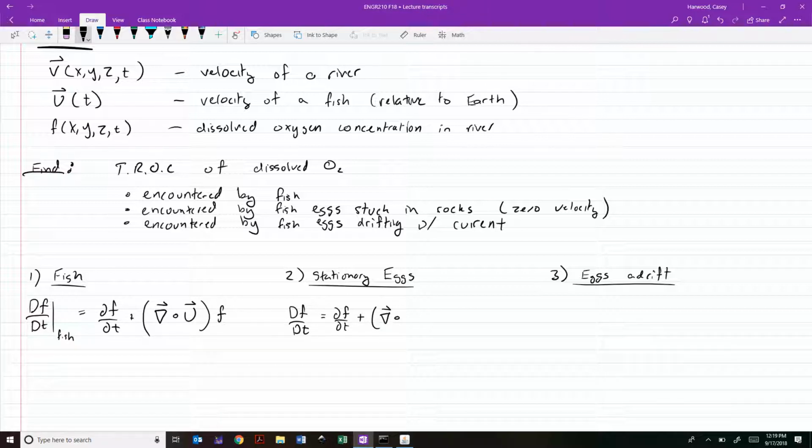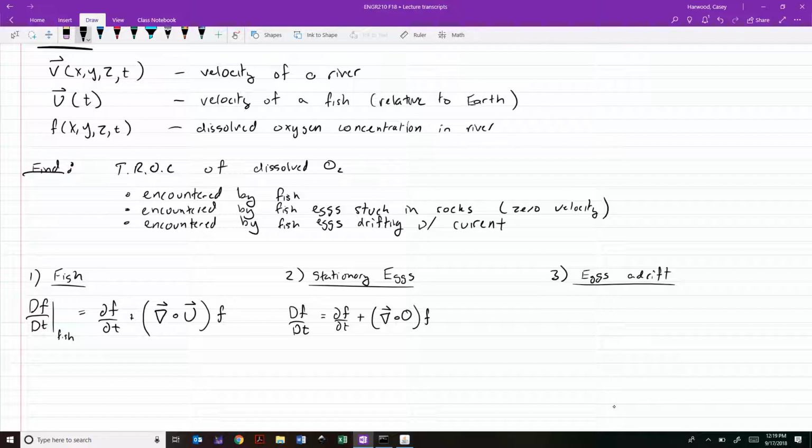Now, what's our velocity in this case going to be? Zero, right? Because it's not moving through that spatially varying field. So the only rate of change experienced by a point fixed there is going to be the time rate of change of the oxygen concentration, that local time rate of change.